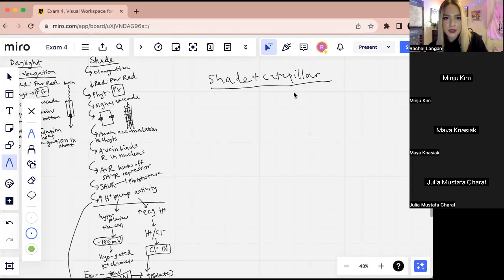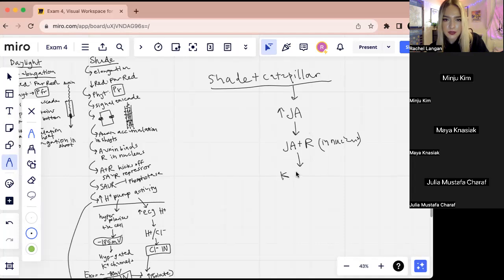The caterpillar is going to activate signaling cascades that result in an increase in the hormone JA. JA is going to go into the nucleus and bind its receptor in the nucleus. And then JA plus its receptor kicks off a repressor called JAZ.